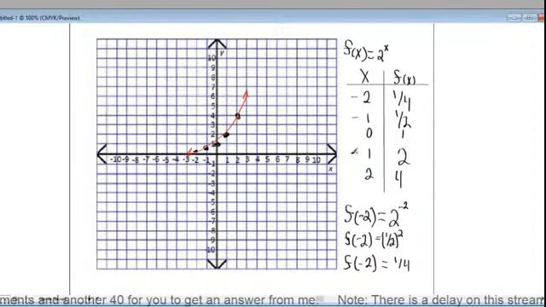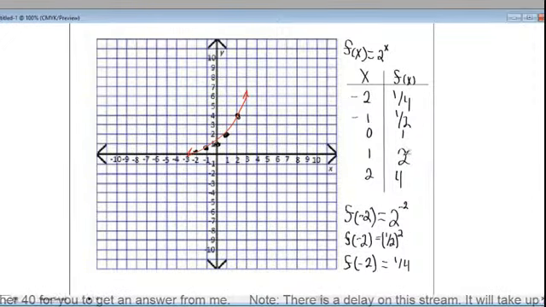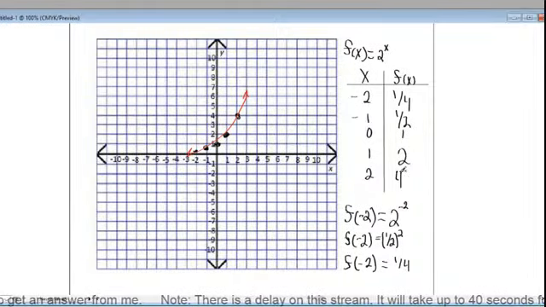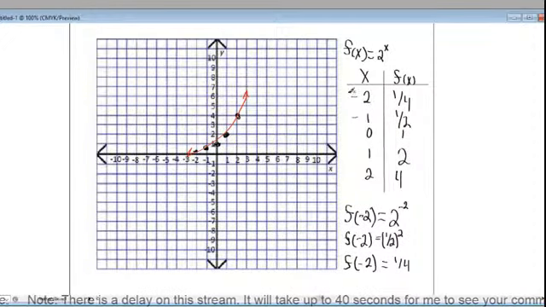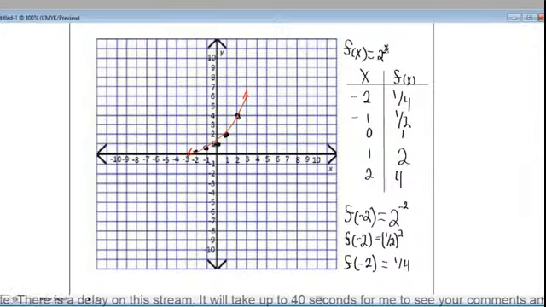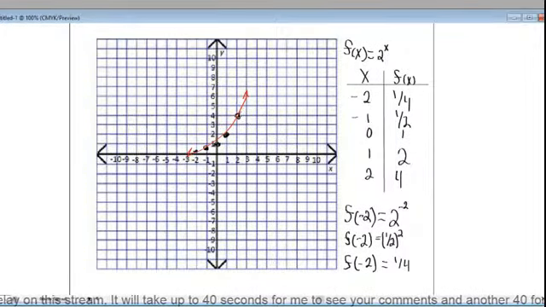So like this one, power 1 gave us 2. Power negative 1 gives us 1/2. Power 2 gives us 4. Power negative 2 gives us 1/4. And so on and so forth like that. So it doesn't matter what we plug in for this number here, we're never going to reach 0.